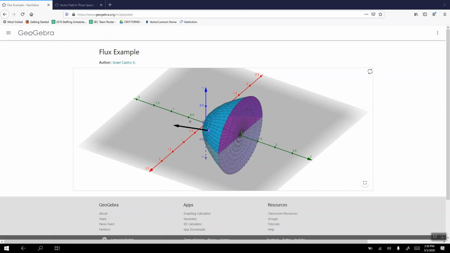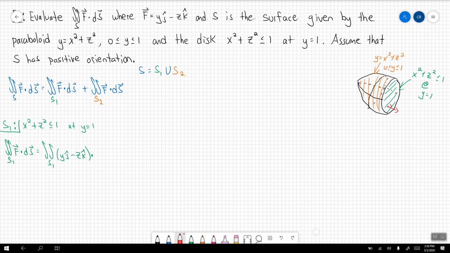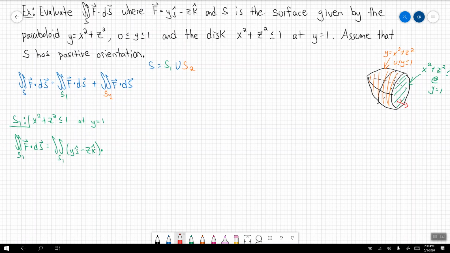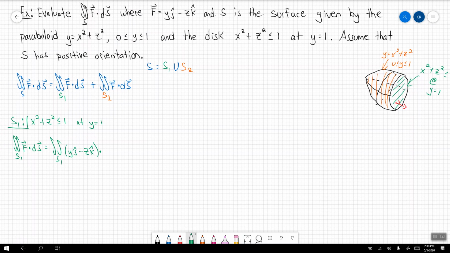So we can just use that as our normal vector. That's not too bad, and this is with respect to the surface.